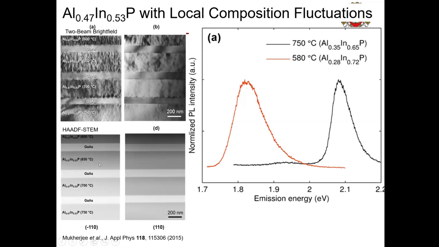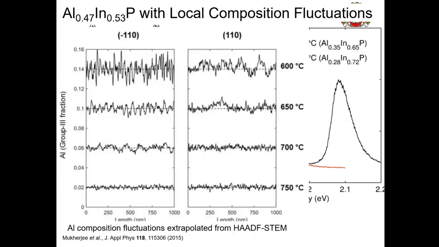Dark field STEM, which is a purely mass contrast imaging technique, shows very faint composition variations within the measured volume, but attempting to extrapolate those to actual composition fluctuations, we end up with composition fluctuations which are at most on the order of about 2%, far too little to correspond to the photoluminescence effect that was being seen.